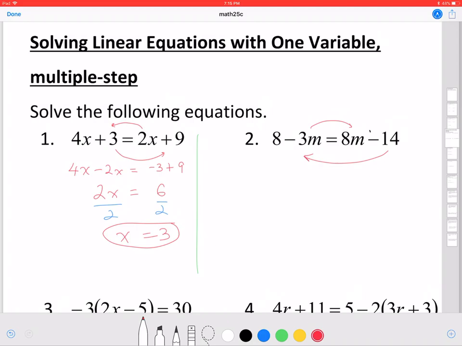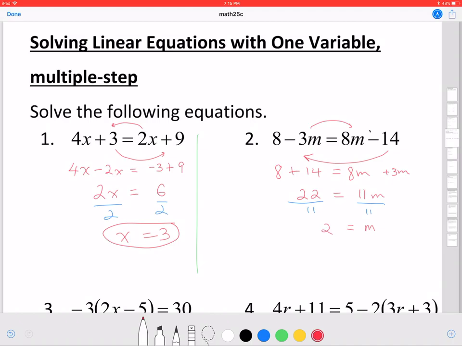Then what we'll have is 8 plus 14 is equal to 8m plus 3m. That will give us 22 is equal to 11m, and divide both sides by 11, and we'll end up with 2 equal to m.